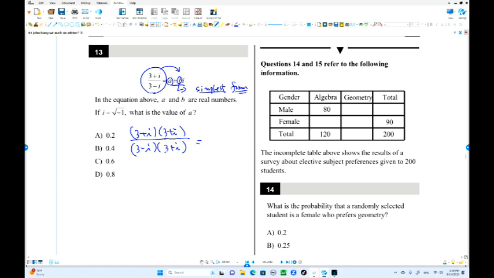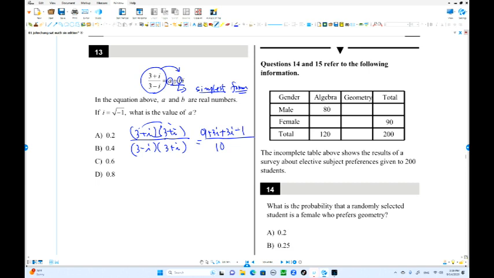Denominator: 3 squared is 9, minus i squared, which is negative 1, so 9 plus 1 is 10. What about the numerator? 3 times 3 is 9 and another one over here. Okay, step by step: 9 plus 3i, another 3i, and i squared is negative 1.